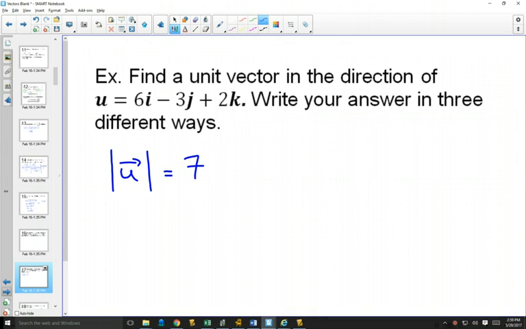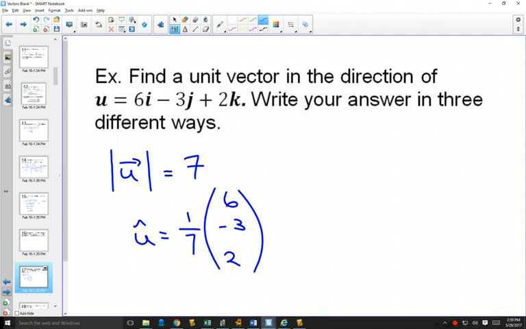If we want to write a unit vector in that same direction, we're going to have to take that answer and divide it by 7. So our unit vector, one way you could write it is 1/7 of what you had before. So that's using that kind of notation. You could also distribute that 1/7 inside.